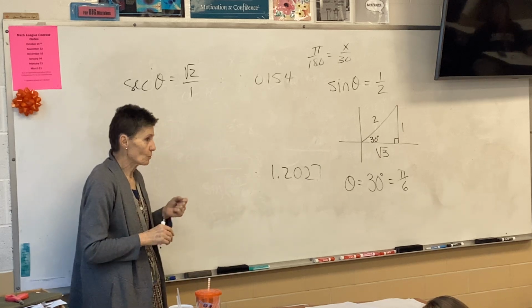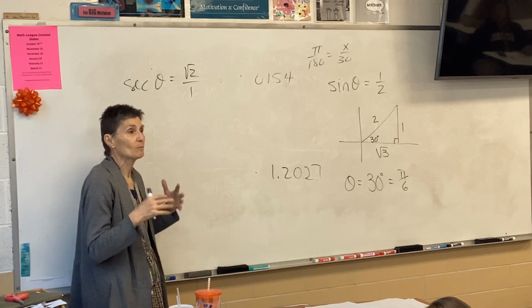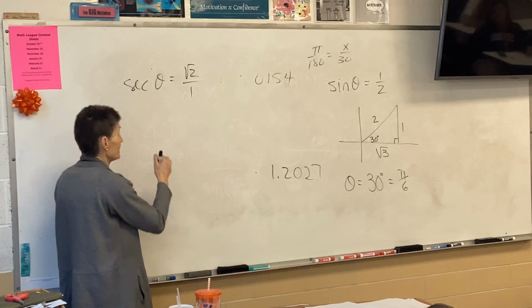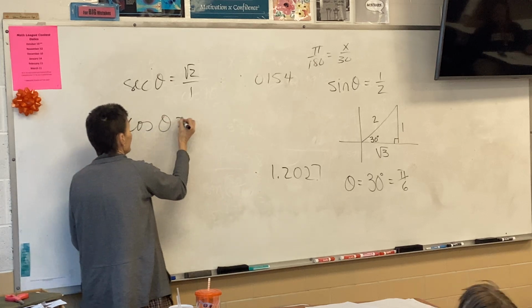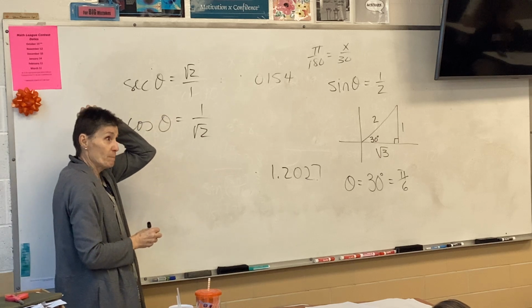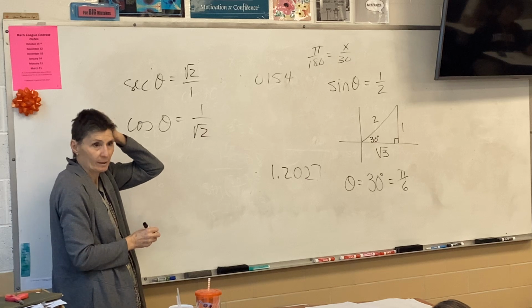I'm 66 years old, I do this for a living, I love trigonometry, it's one of my favorite things, but I don't think in secants. When I see a secant, I automatically think of it as a cosine. You don't have to, there are people who don't, but for me, that's what I have to do, because I always think SOHCAHTOA.